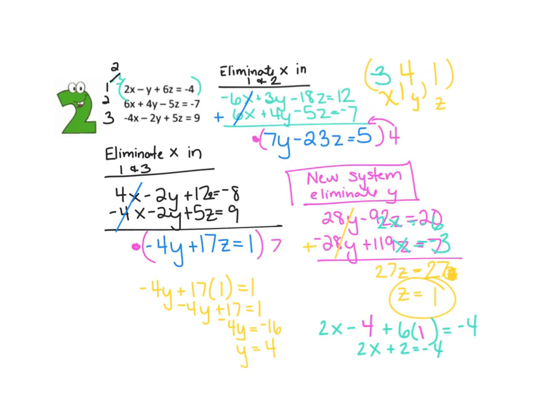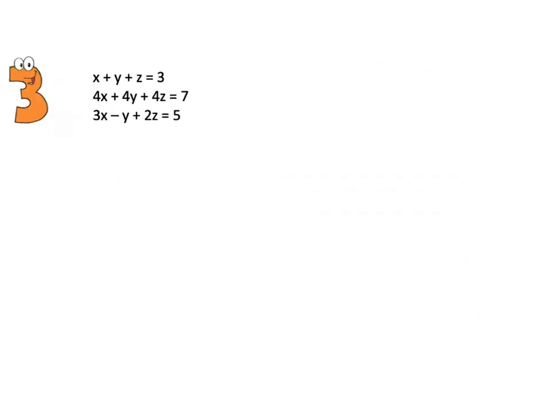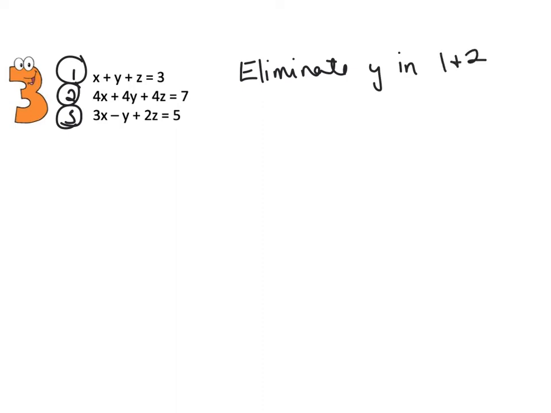Okay. This one ends up being a special case. So let's choose again to number our equations to keep track of stuff. And I like my y's. I'm going to choose to eliminate y in, let's do 1 and 2. So this gives me x, I'm going to multiply by -4.